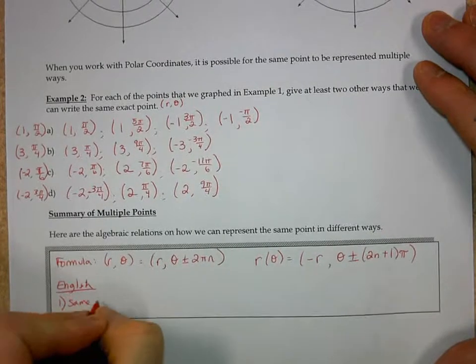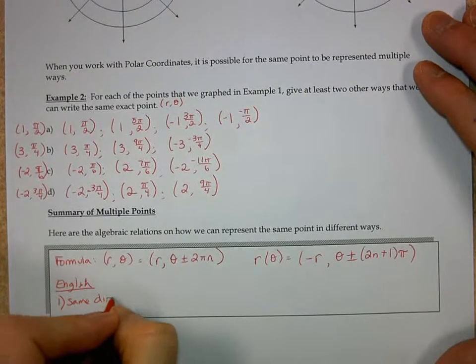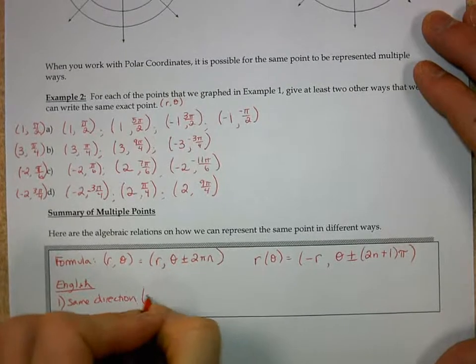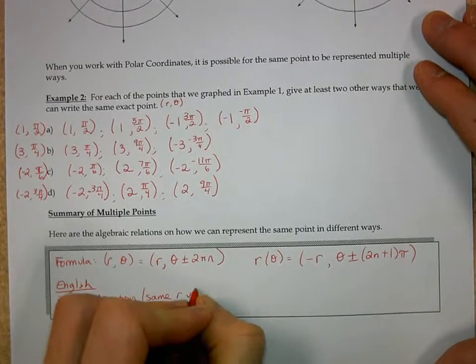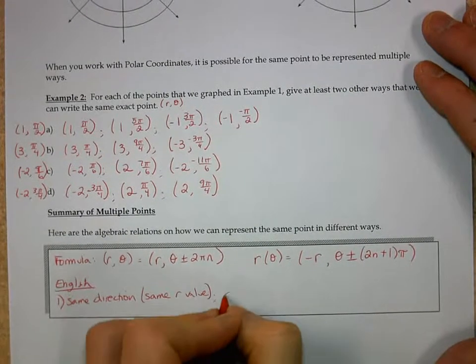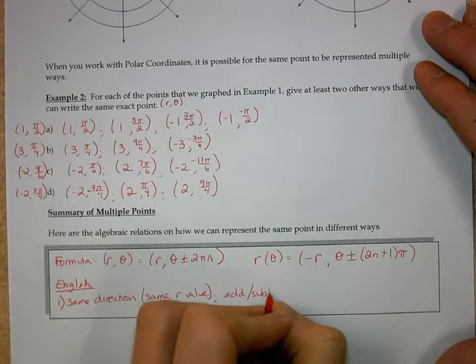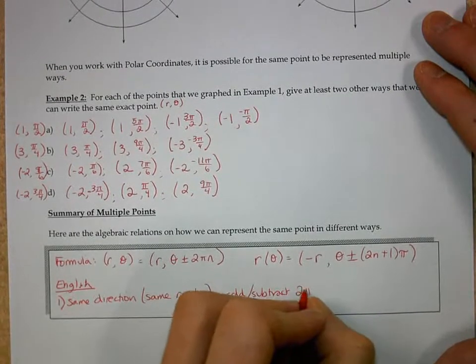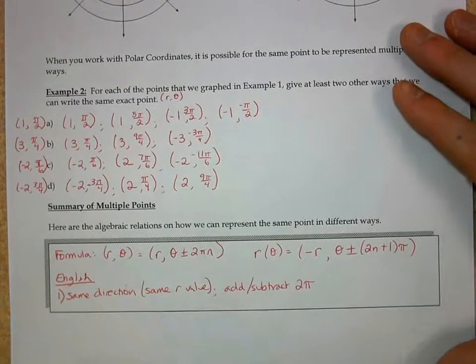The first formula is saying if I want to have the same direction, which means the same r value, all I'm going to do is add or subtract 2 pi.